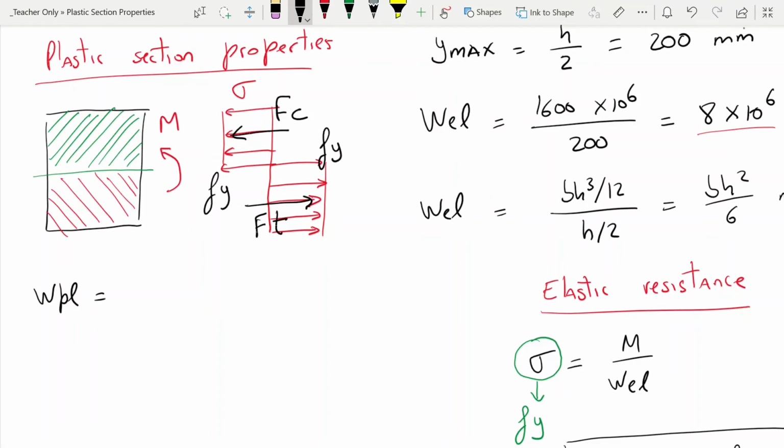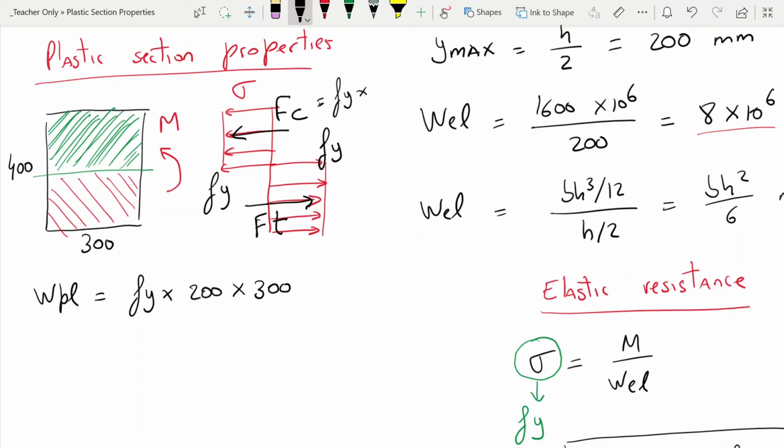What is the value of Fc? Fc is nothing more than Fy times the area of this green space here. So if you think about it in this case, and let's put the dimensions here, if this is 400, this is 300, the Fc is nothing more than Fy times the area. So the area is 200 times 300.